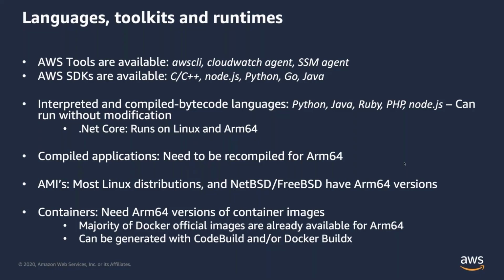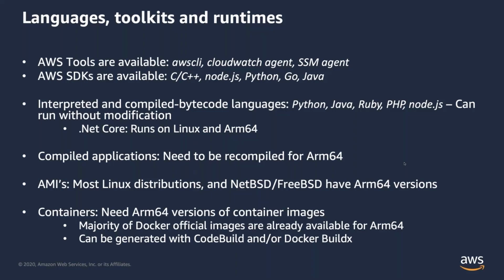As far as the AWS tools are concerned, our CLI, our CloudWatch agent, and SSM agent are available on Graviton2 based instances. Our SDKs are also available, be it our C++ SDK, Node.js, Python, Go, Java. They're all running on ARM64 architecture.